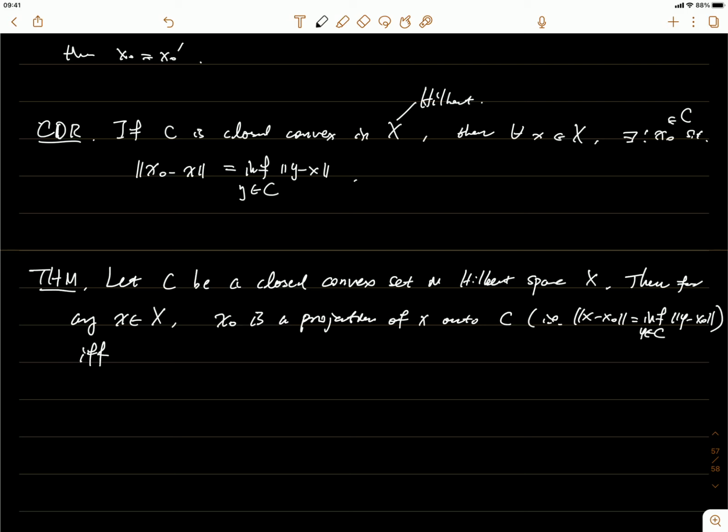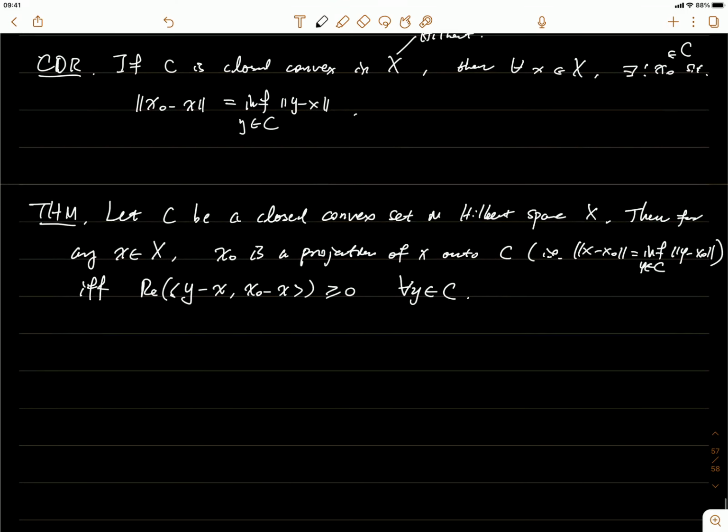If and only if x0 is a projection point, if and only if the real part of the inner product of y minus x and x0 minus x must be greater than or equal to 0 for any y in C. Okay, so this is a sufficient and necessary condition for x0 being a projection of x onto C. Okay, this must be true.